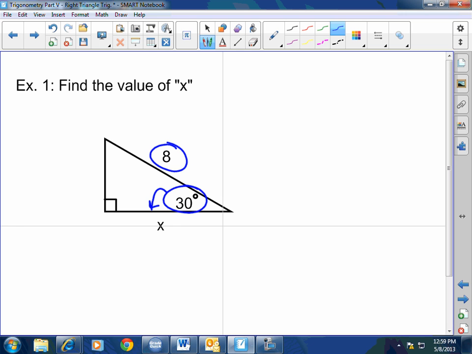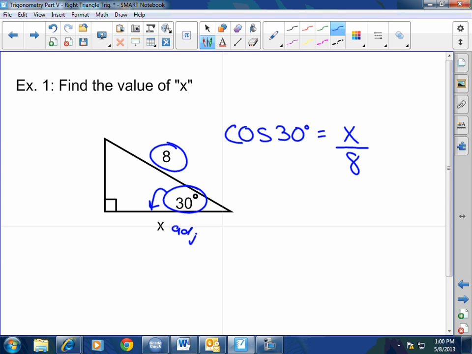It's adjacent. That is my adjacent. Which trigonometric function uses adjacent and hypotenuse, which is the only thing I was given? Cosine. So the cosine of 30 degrees equals adjacent over hypotenuse.